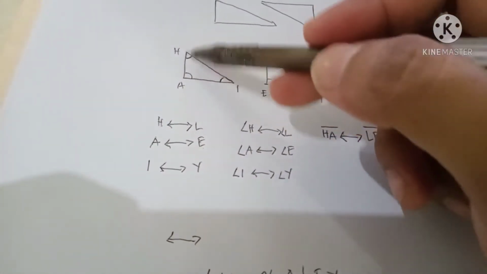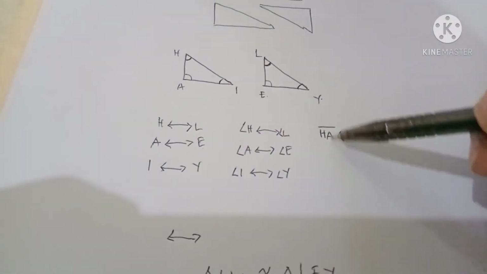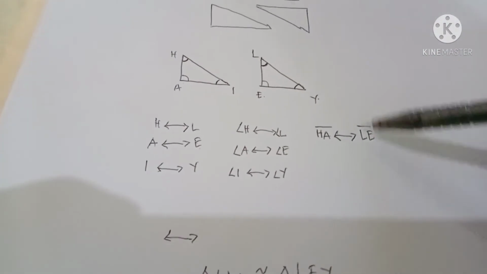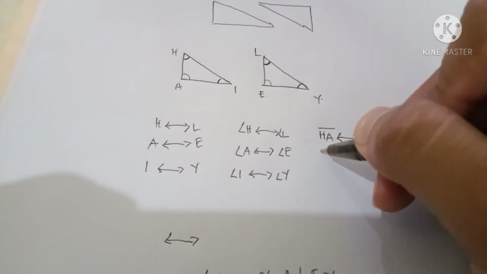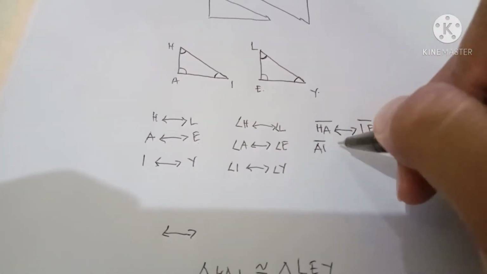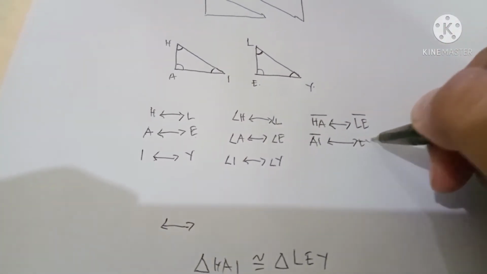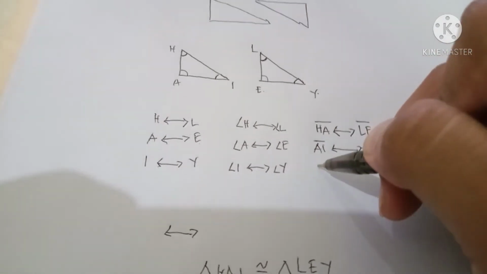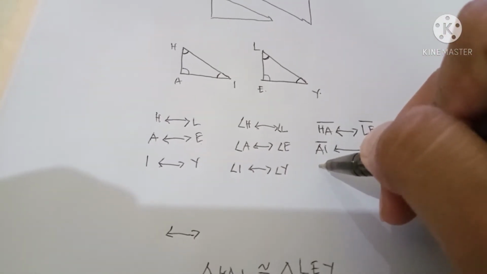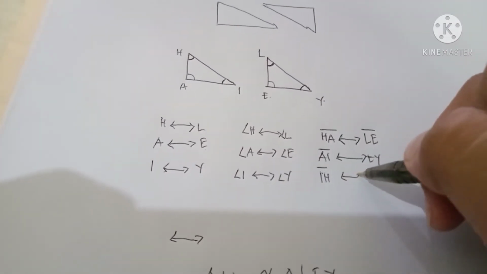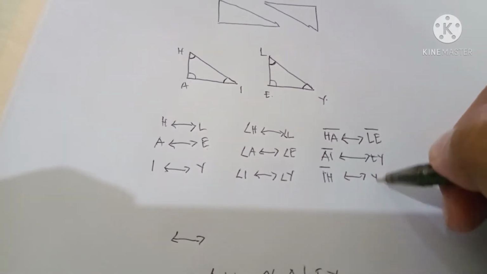So HA, this is side HA, corresponds to side LE. Okay, side AI corresponds to side EY. Side IH corresponds to side YL.